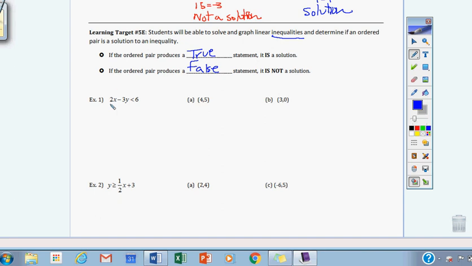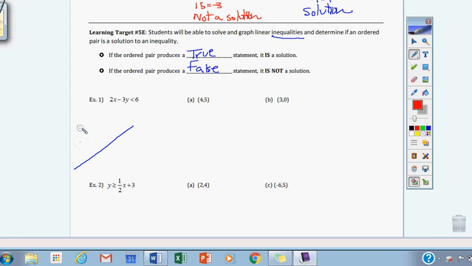Now, I want you to know what's going on here. And I don't need you to do all this right now. Just kind of think about it. Basically, if I said to you to put this into slope-intercept form, like example 2, you should be able to graph a line. Well, then hopefully you can see that one side of the line is up here and the other side of the line is down here.